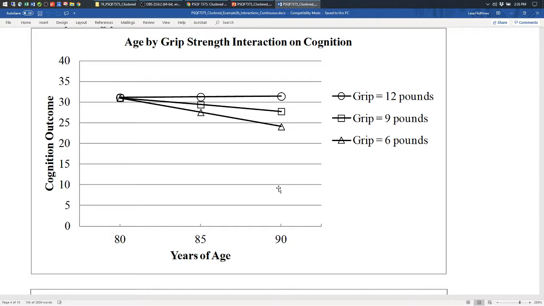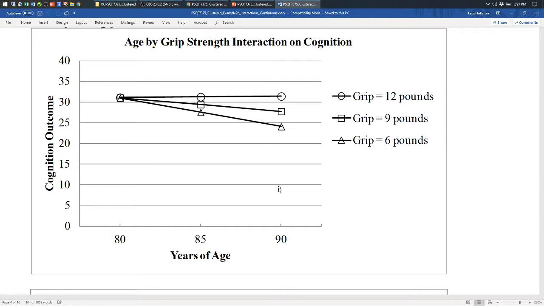That's my intercept. The regression line shown on the x-axis, that's my simple main effect of age that comes from the model. The distance between these middle markers conveys the grip strength effect that is given by default in the model. You'd have to figure out what it is per unit because these are 3 units apart, but this idea is what's given to you.